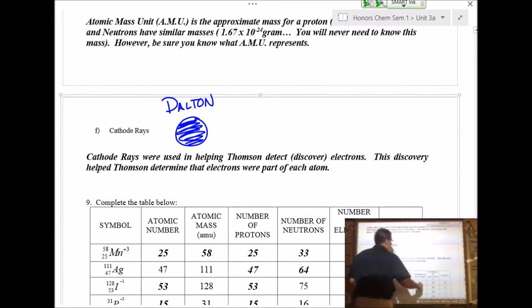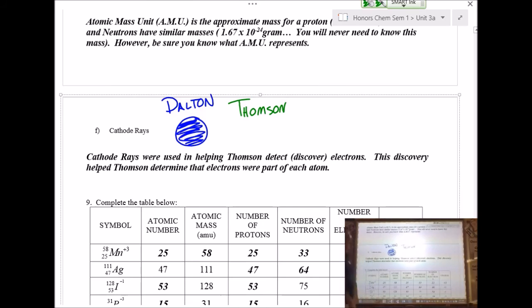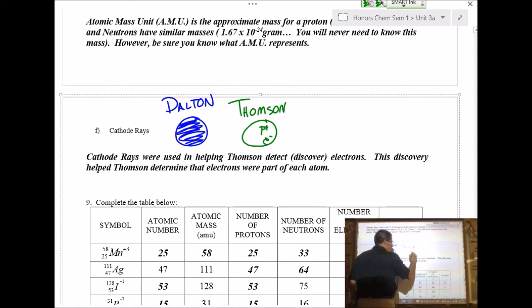When you look at Thompson, old JJ, okay, what did his model look like? Yeah, so it's a plum pudding. So you got the pie pan filled with pudding in there, and then you plop some plums in there, and they're supposed to represent those things. So there's nothing centrally located. That's probably the better way to think about it.